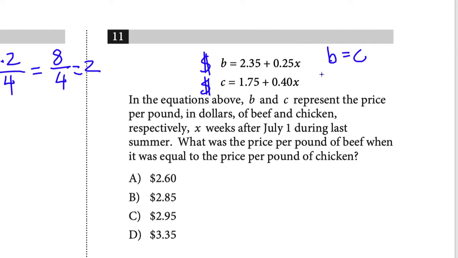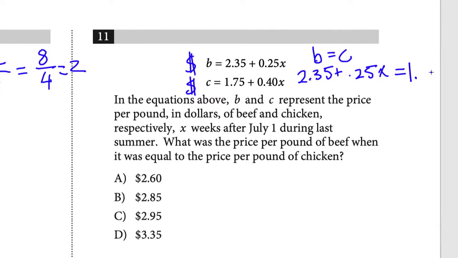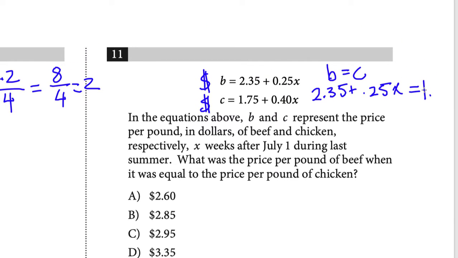B is 2.35 plus 0.25x, and that is equal to C. And what is C? C is 1.75 plus 0.4x.